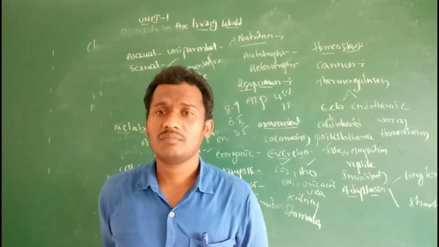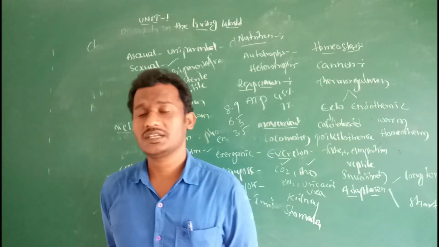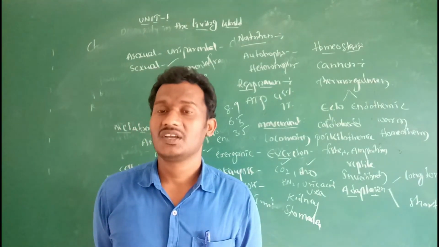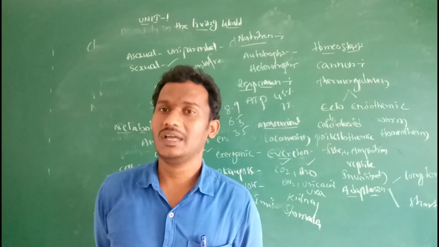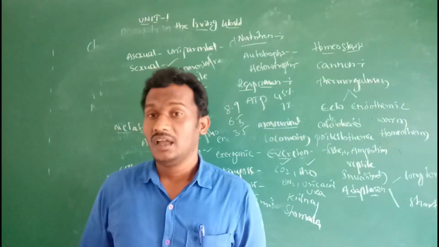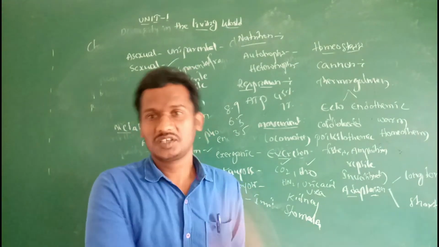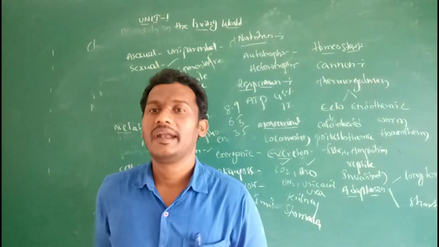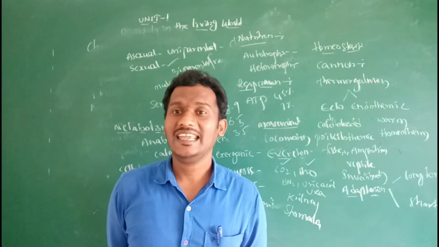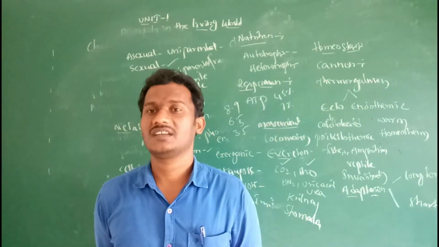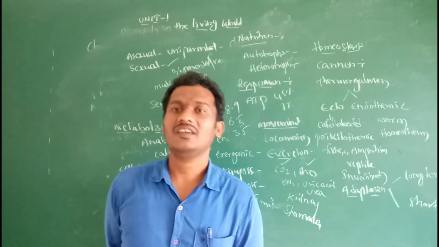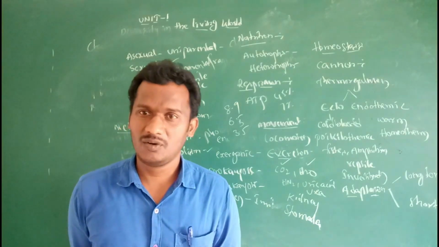Next one, short-term adaptation. Short-term adaptations are temporary, short-lived, smooth adjustment changes that take place in a changed environment. In absence of the stressful environment, these disappear. Generally, long-term adaptations are inheritable, permanent changes that do not disappear in absence of a stressful environment.